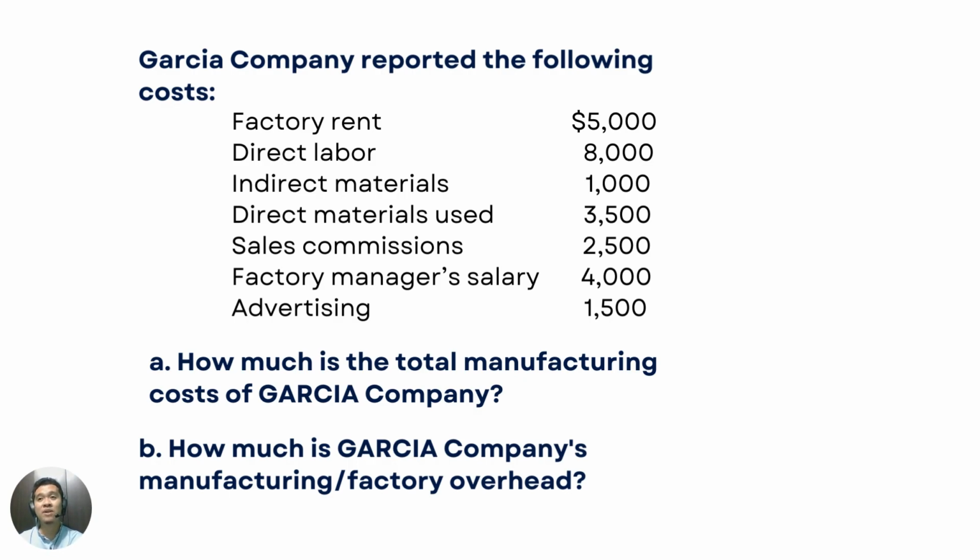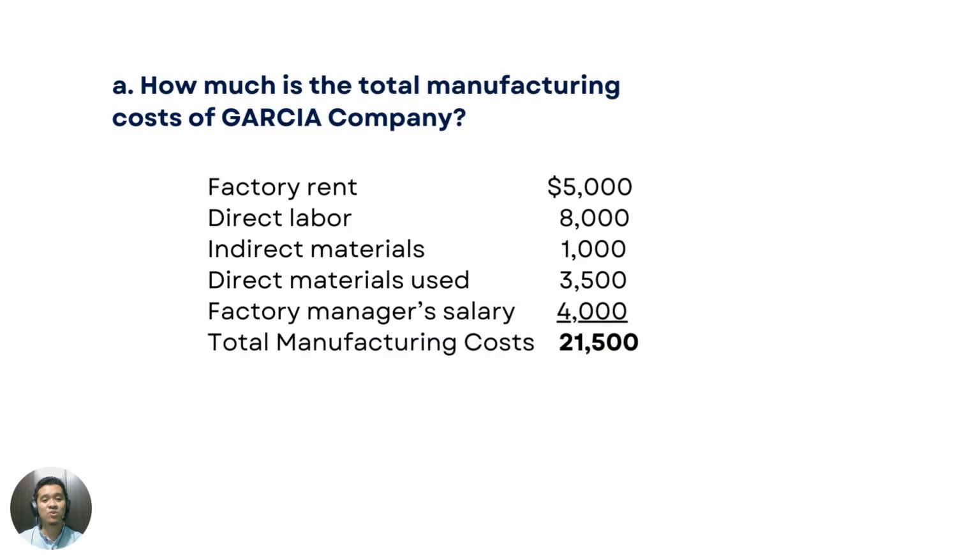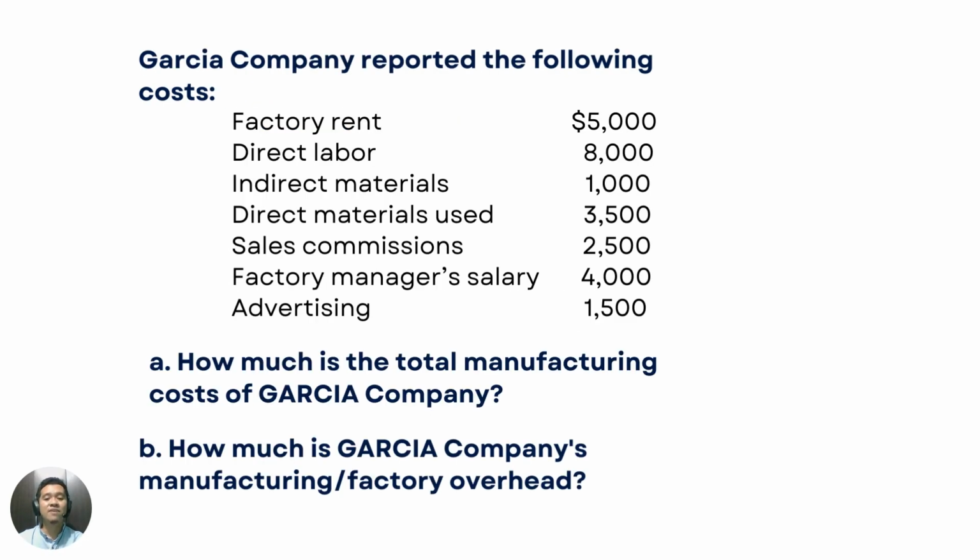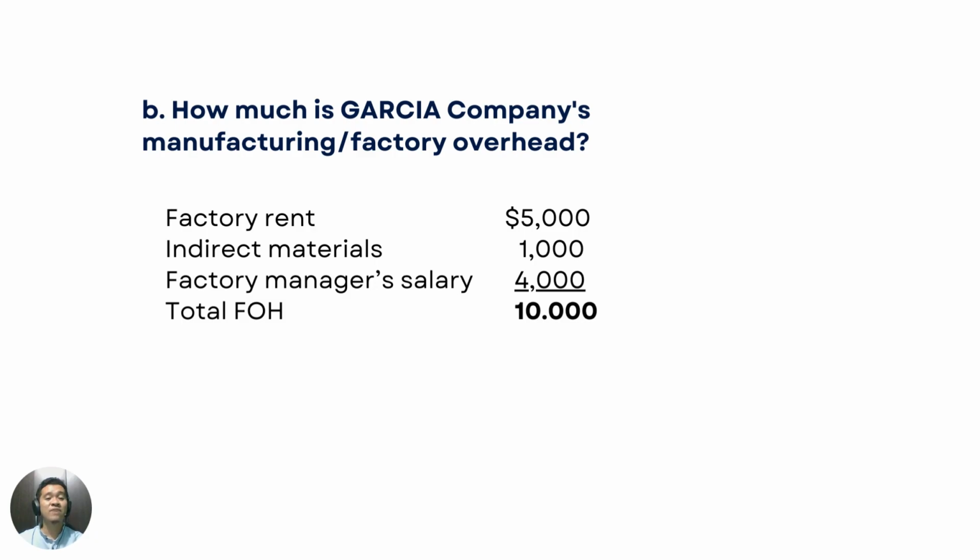It is not involved in manufacturing the product. Next, factory manager salary. It is a factory overhead. It is an indirect cost. Next, advertising. Of course, it is not included because it has no part in producing or manufacturing the product. So, we have the total manufacturing costs of $21,500.